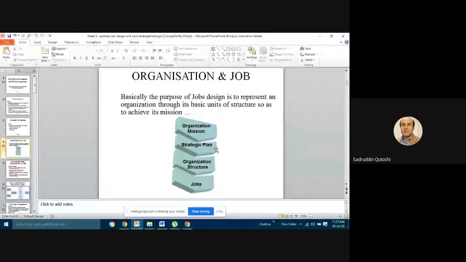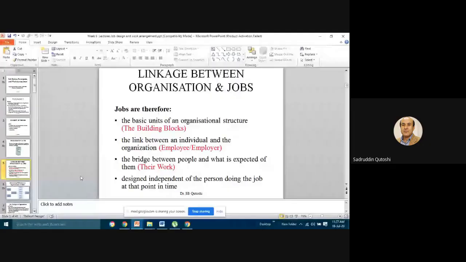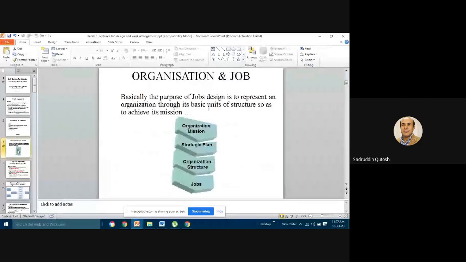And then you need an organizational structure. This organizational structure, as earlier we talked about, what is the nature of the structure, how these organizational functions help to achieve this particular mission. And then the basic thing is the jobs, people who are engaged with particular tasks. So in this way, we can understand job design, how the jobs are designed in the organization, what is the purpose of designing those jobs, how those jobs are linked with its structure and strategic plan leading to organizational mission, etc.